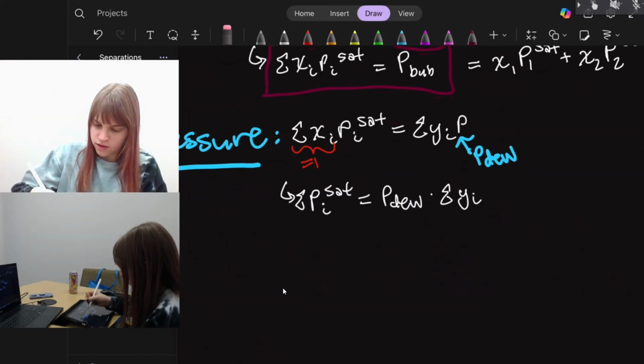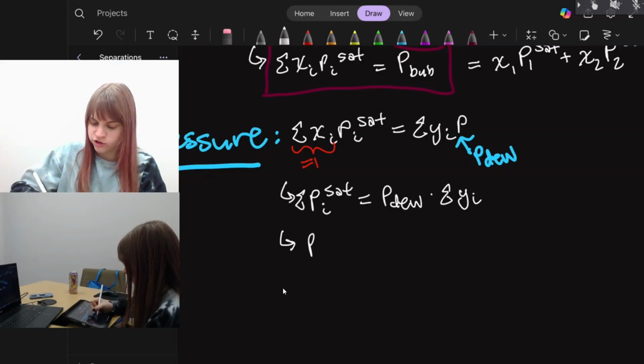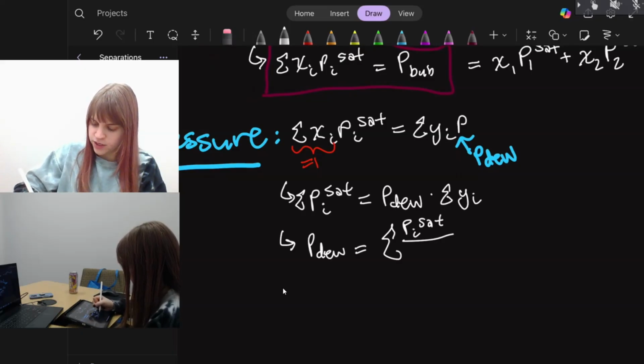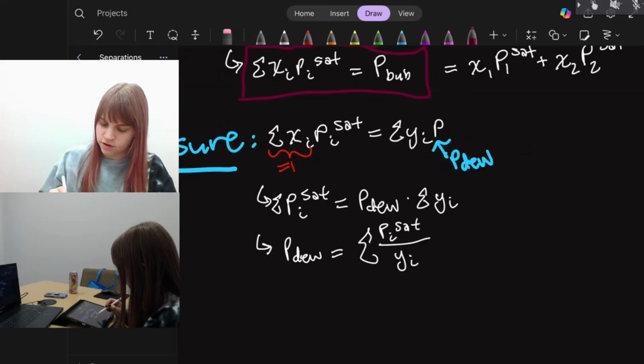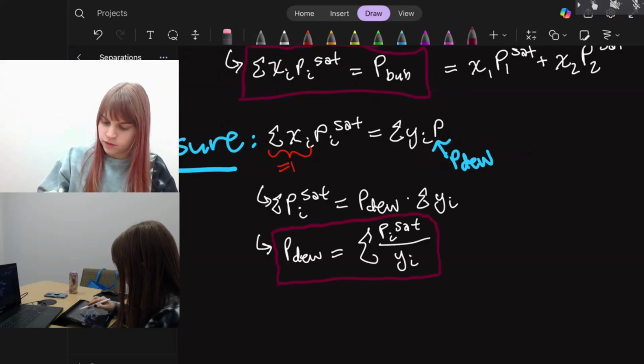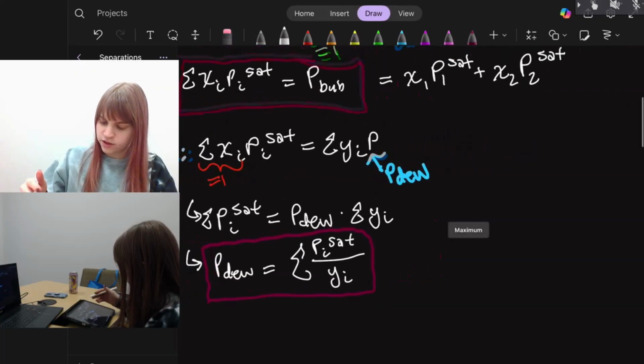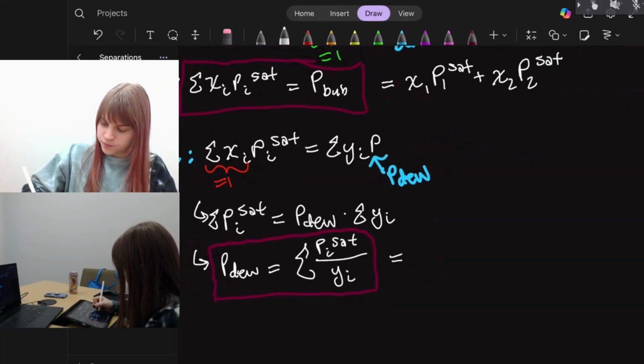And then we see that the dew pressure is equal to the summation of the saturation pressure divided by the vapor mole fraction. Once again, this is our equation right here. And to visualize it better, we could write it like this.